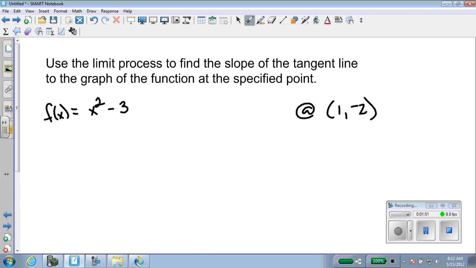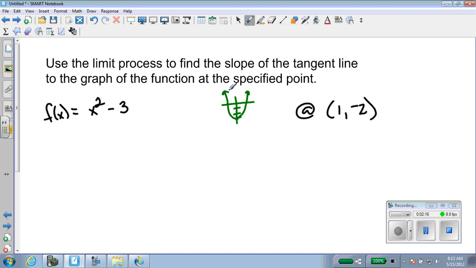Okay, so let's start with f of x is equal to x squared minus 3. Use the limit process to find the slope of the tangent line to the graph of the function at the specified point. Okay, let's remind ourselves what x squared minus 3 looks like. Right, it looks like a parabola. Move down 3.